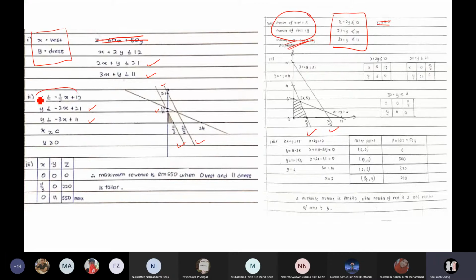Now, what's wrong with this equation compared to this one? What's wrong? Didn't divide 12 by 2. Yes, correct. Good. So 12 was not divided by 2, because this one actually should be 6.